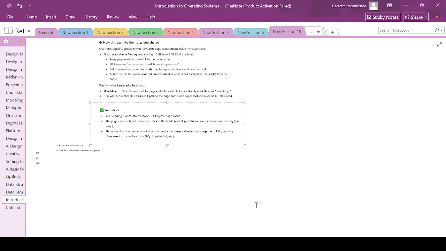So these are a kind of new implementation in Linux that differentiates it from previous VMS. It uses this page cache to make access to the most useful pages faster. So the notes describe how sequential access breaks the temporal locality assumptions of LRU and why Linux needs a smarter heuristic like 2Q replacement.